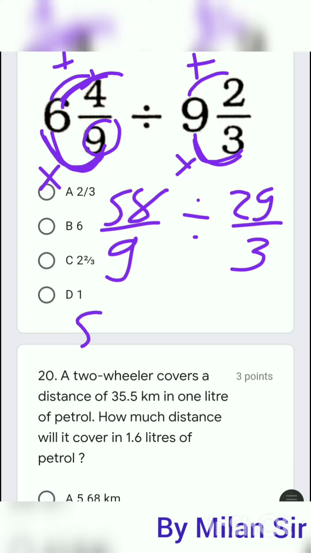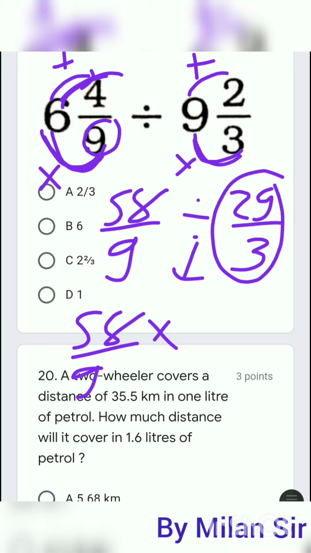Okay, now 58 by 9 remains as it is. If we want to convert this division into multiplication, then we need to change our numerator and denominator. We need to transfer our numerator into the denominator and the denominator into the numerator. So 29 by 3 becomes 3 by 29.